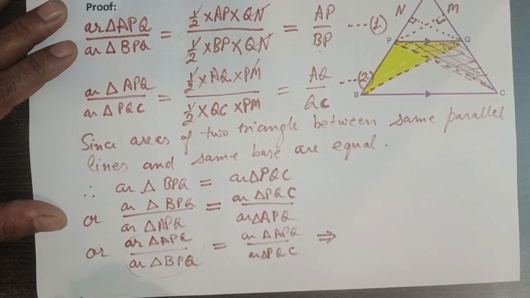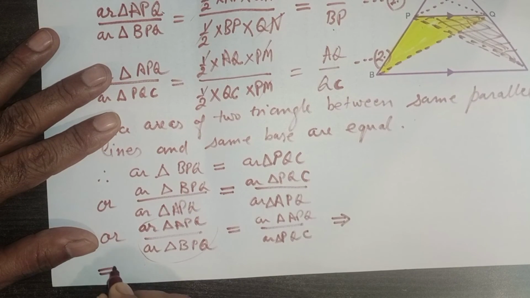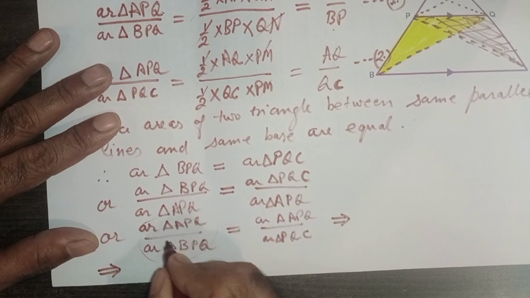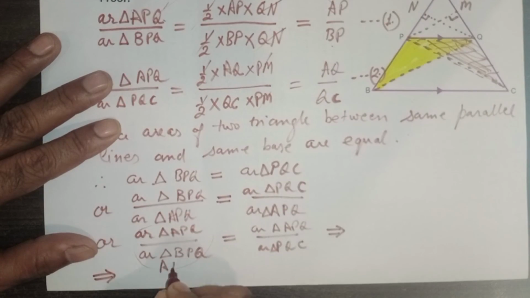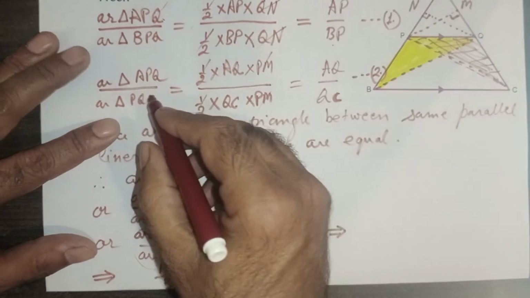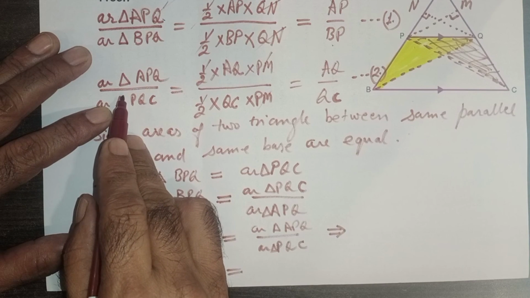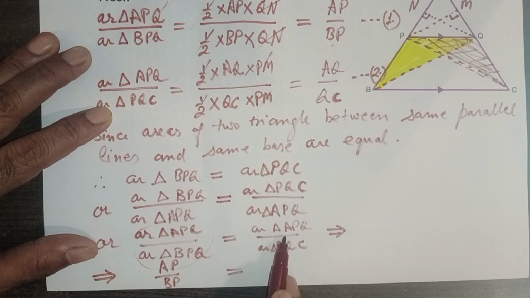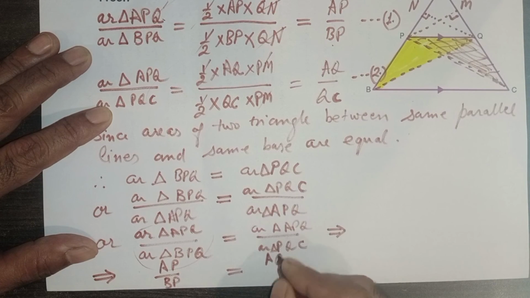So in place of this we can write, this can be replaced by this. So AP upon BP is equal to, and this is the same thing here, APQ upon PQC, so this is equal to AQ upon QC.